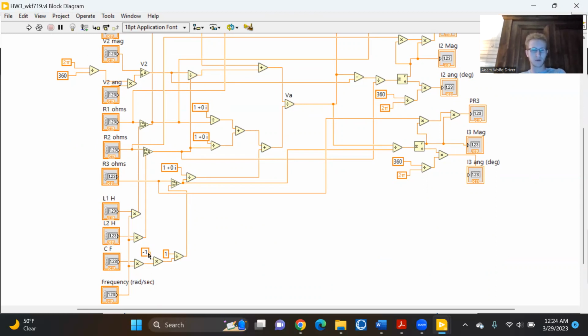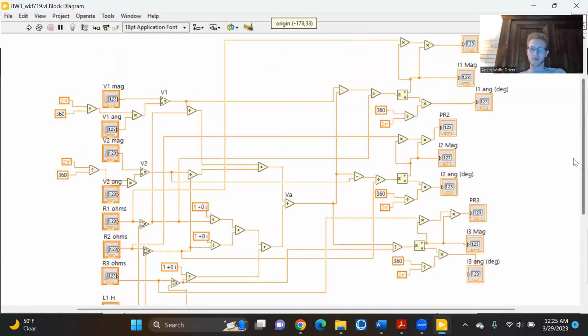The other thing I had to run into is I had to add a constant -1 because 1 over J is not really recognized as negative J in LabVIEW, so you have to make sure that you specify this is what makes negative J equal to 1 over J, by multiplying this by -1, then doing the reciprocal.